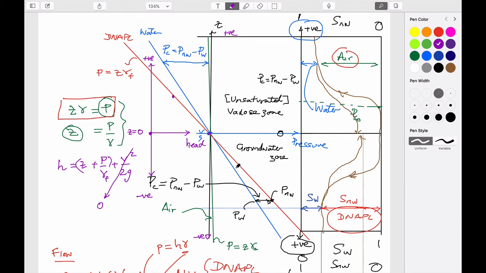Then, as we go down here, some amount, let's go in the water, the pressure at this point is going to be equal to positive pressure divided by unit weight.